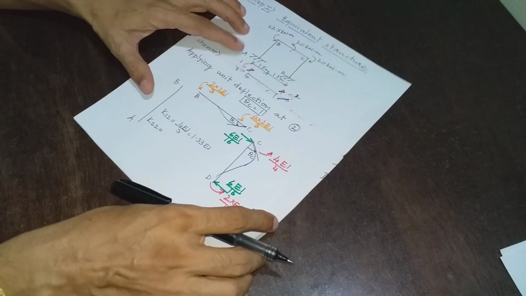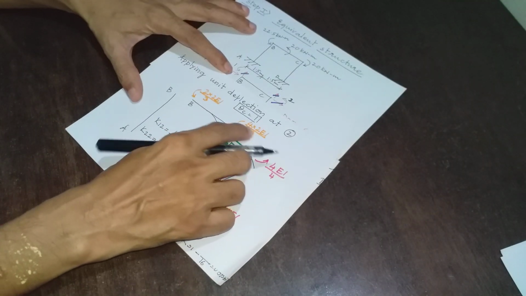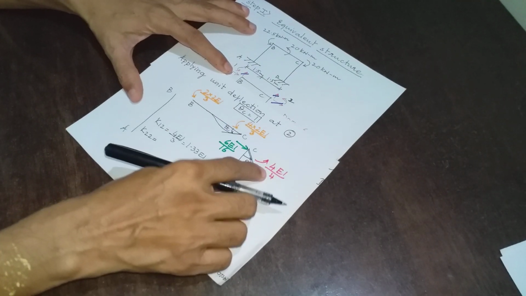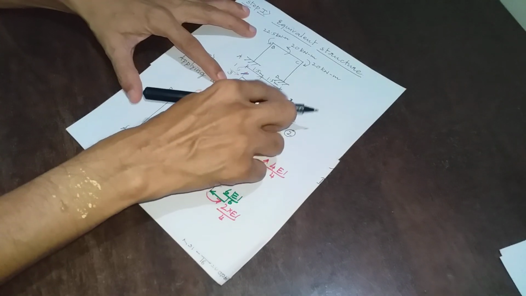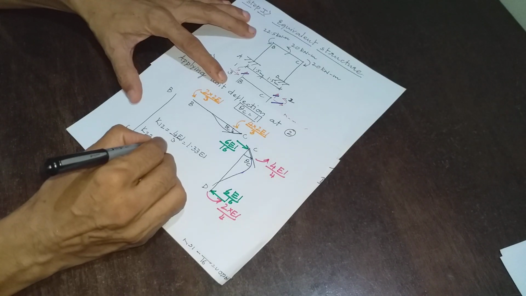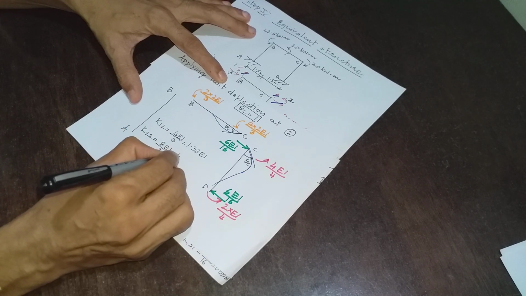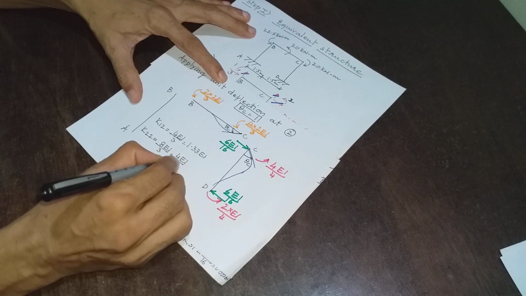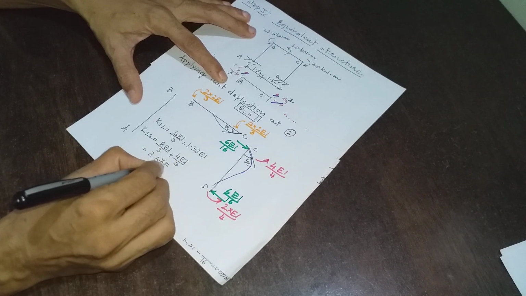Force at coordinate 2 due to unit deflection at coordinate 2. So 8 EI by 3 plus 4 EI by 4, both acting in anti-clockwise direction at C. I have already calculated, that comes out to be 3.67 EI.